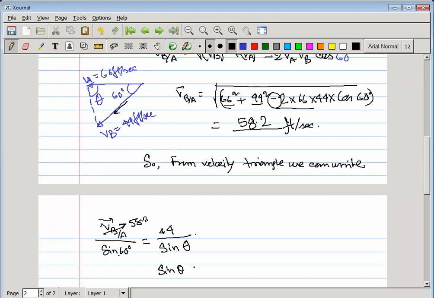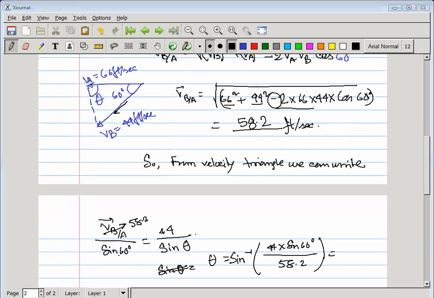So theta should be how much? How much is it? Tell me. 40.89.